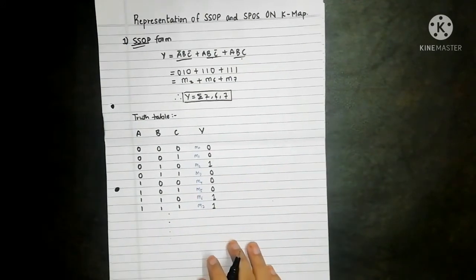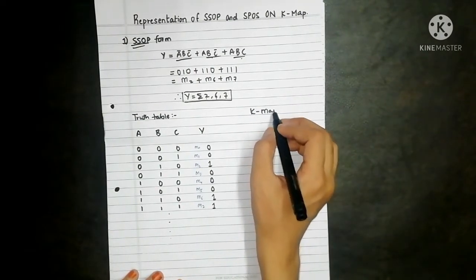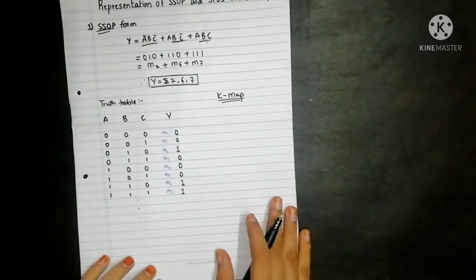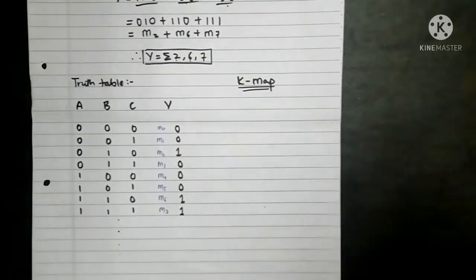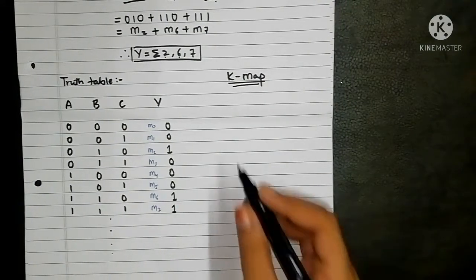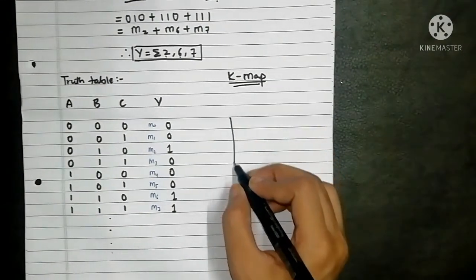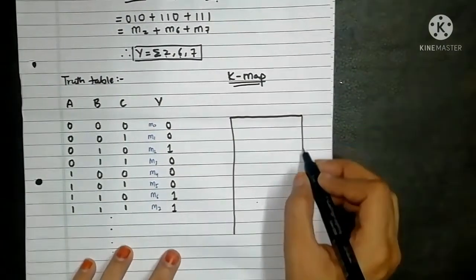Understood? Now we will go for the construction of K-map. Look closely at the K-map. I am constructing a vertical K-map here.